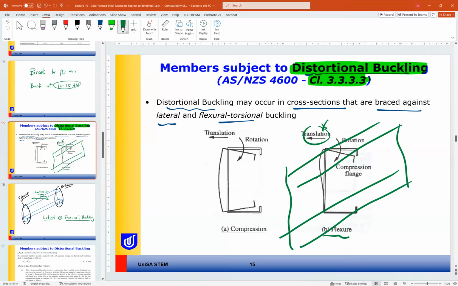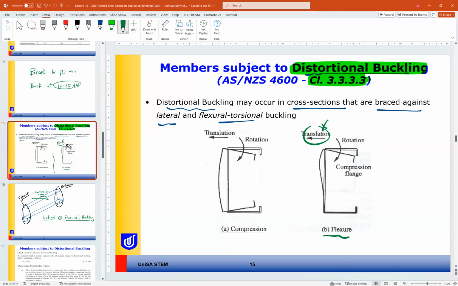But due to the applied load, distortional buckling will happen. As you can see here, if we move this part, the flange can rotate, and if the flange rotates, the web will also need to rotate.